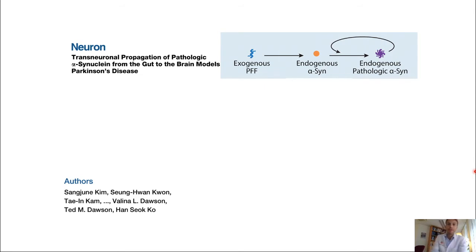In some lab experiments, they have tested and proven that if you introduce those pathologically preformed fibrils to endogenous alpha-synuclein, it misfolds. So there is a bad influence of the exogenous PFF on your alpha-synuclein, leading to even more pathological clumps of alpha-synuclein.